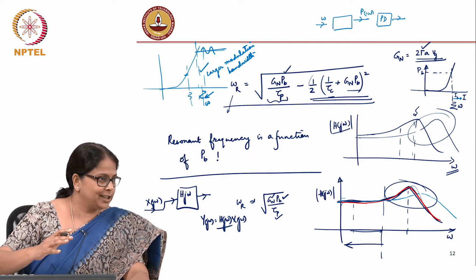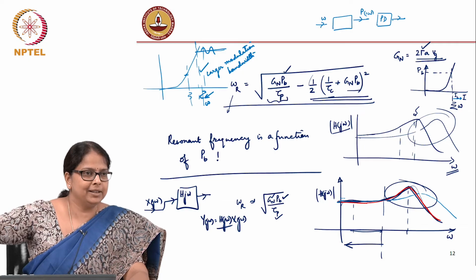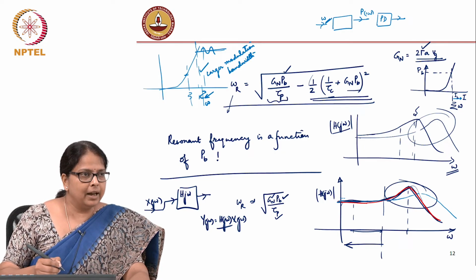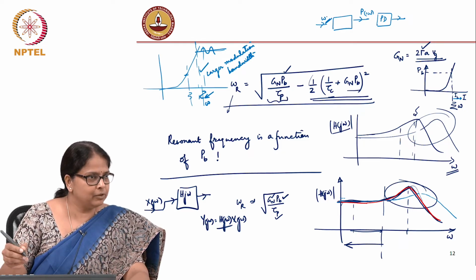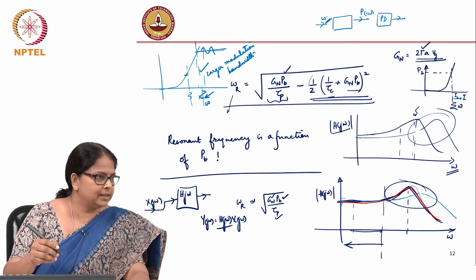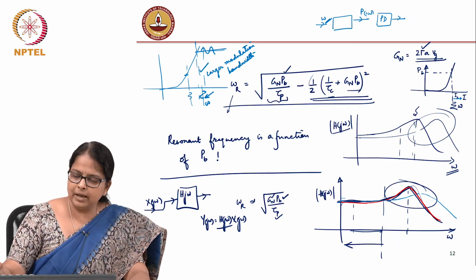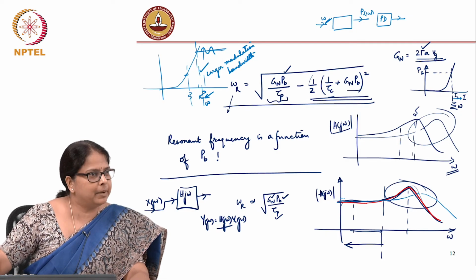The photodetector has a very large bandwidth, and then you would change this frequency and look at output by input. Of course, in this case H of omega is defined as power at omega divided by power at 0.